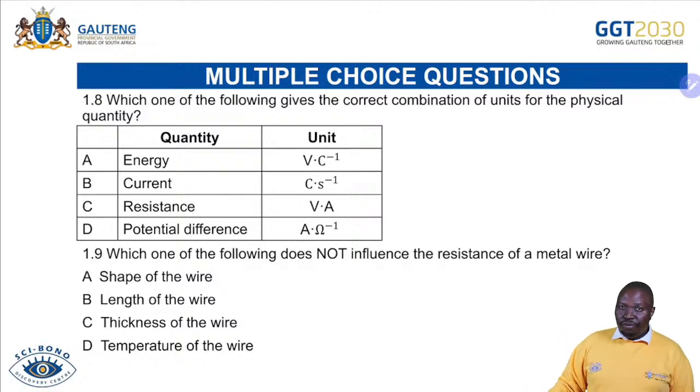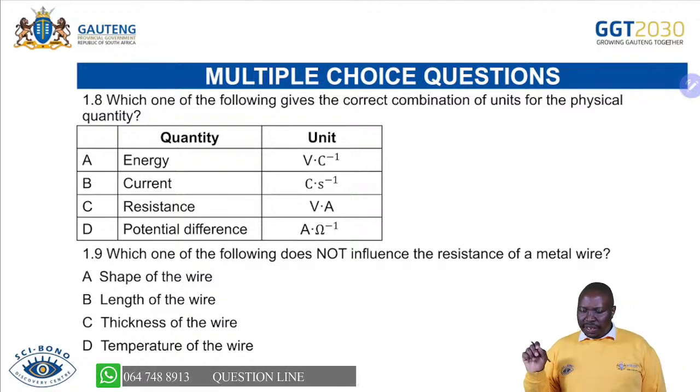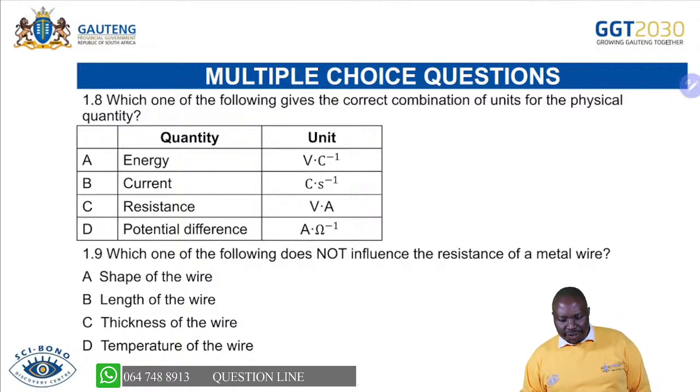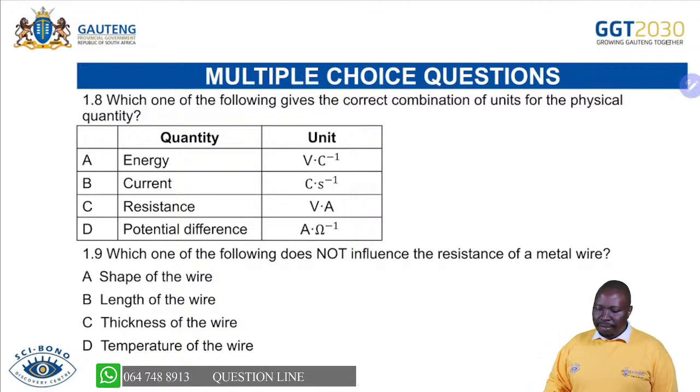Now we're saying which one of the following gives the correct combination of units for the quantity. Remember, you are having your energy there, and when we talk about energy, we can talk about work done. We can talk about current.